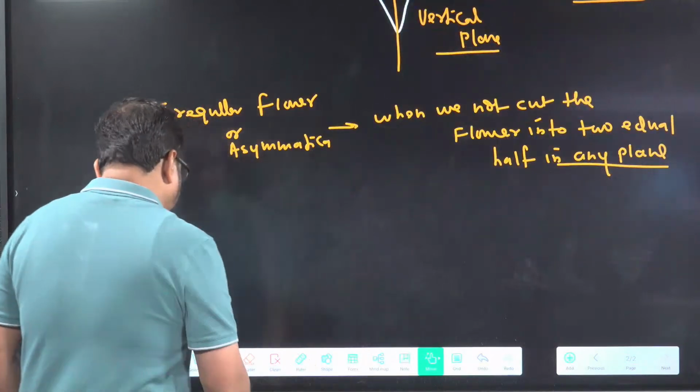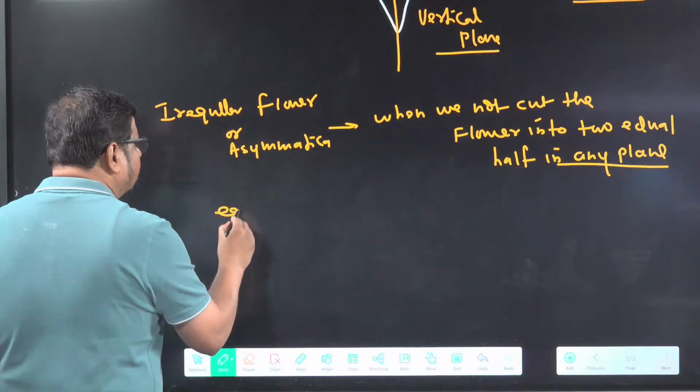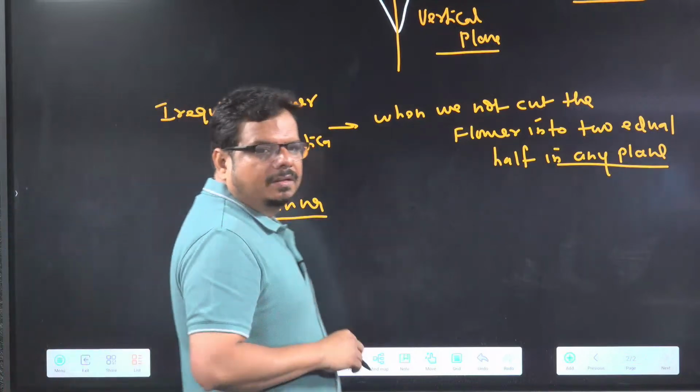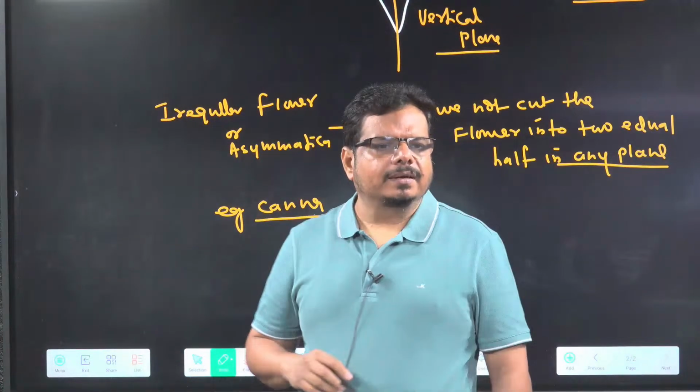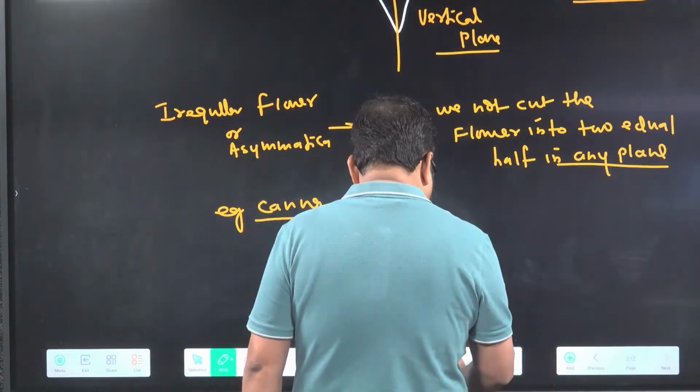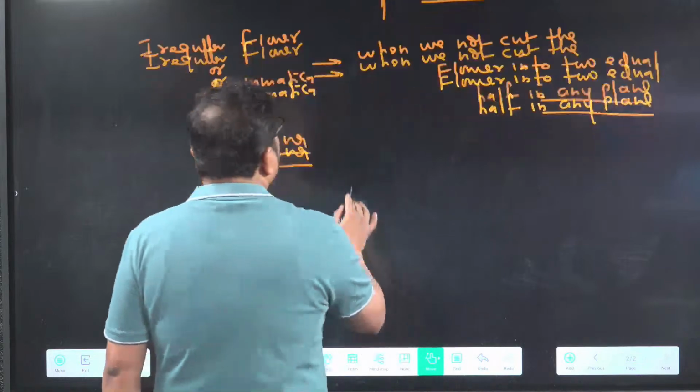Irregular flower. And a beautiful example is what? Canna. Got the idea? Picture came. Understanding okay? Now we are moving ahead.